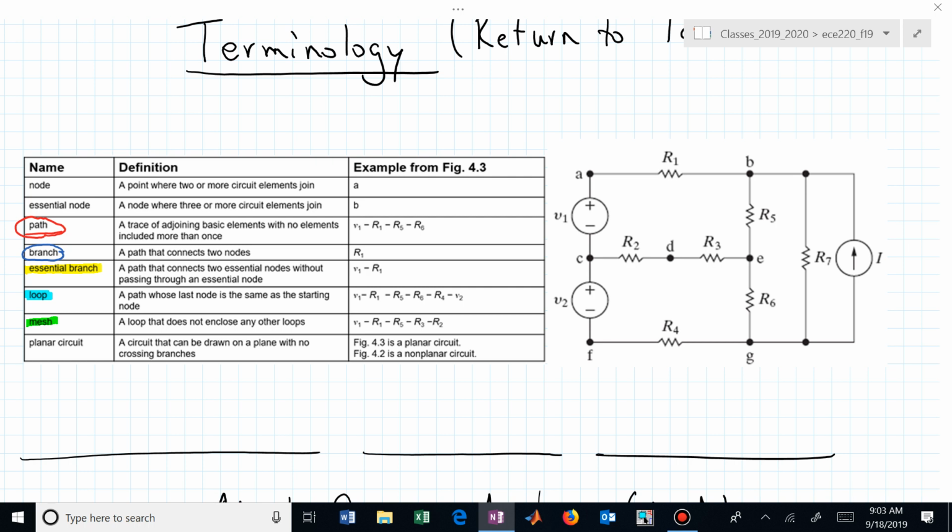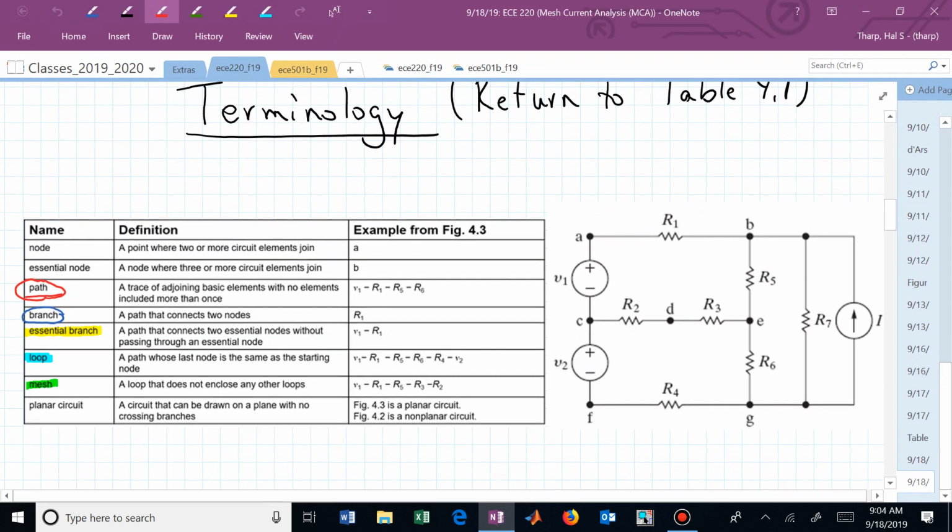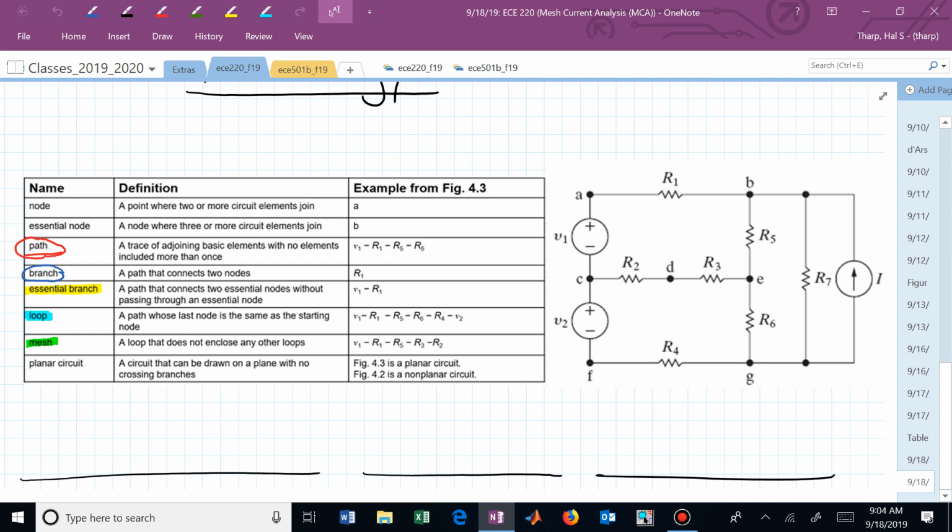Here what we want to do is look at the middle terms, and in particular, let me make sure I get the colors correct, dealing with a path. So now, and correct me when I misspeak, but we're going to have paths, we're going to have loops, we're going to have meshes, and we're trying to be precise in how those terms are used.